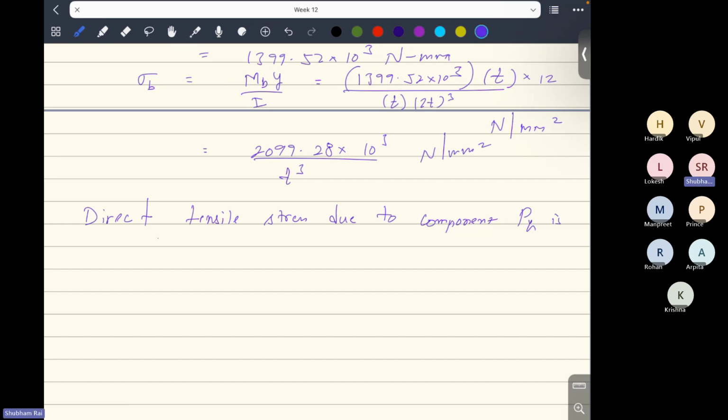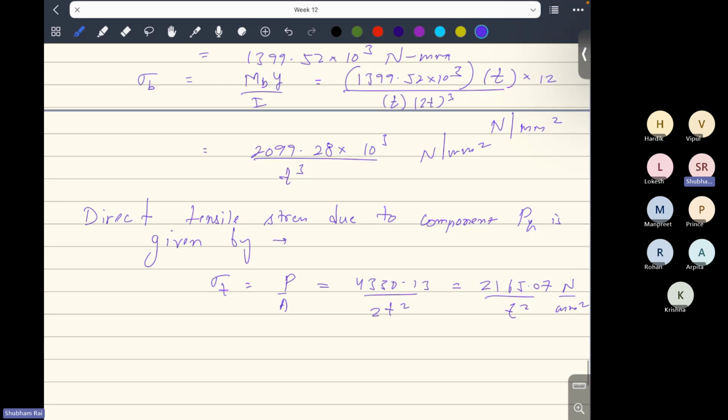It is given by sigma t equal to P by A, which is 4330.13, the horizontal force that you have, and the area is 2t square, right? So finally we get 2165107 divided by t square Newton per mm square.